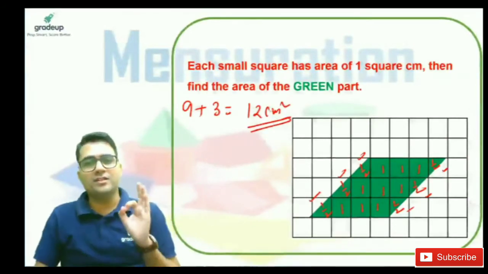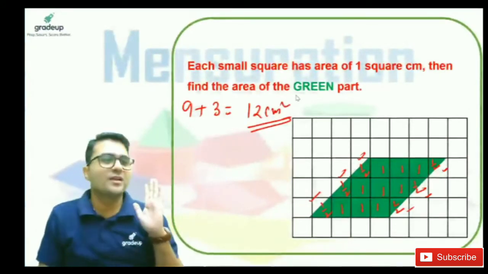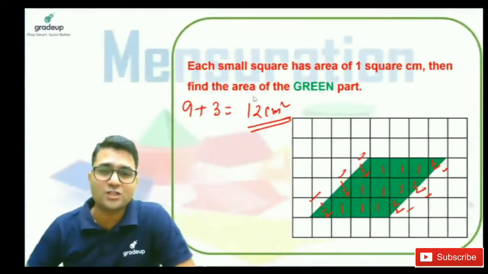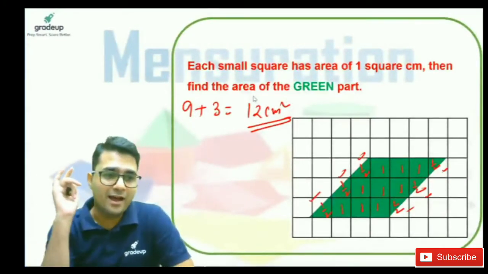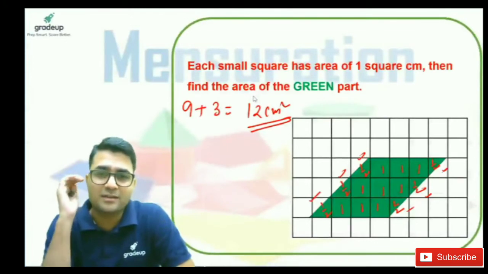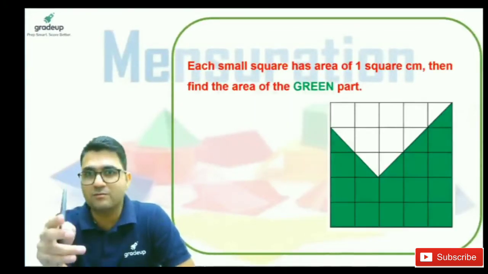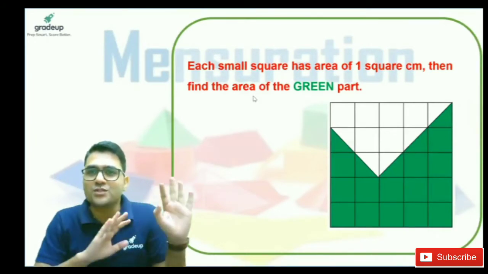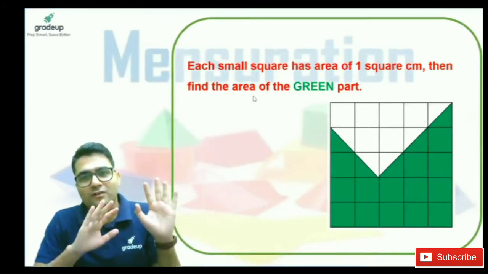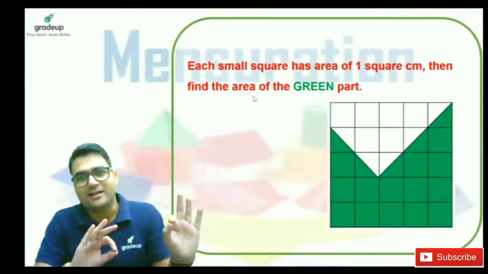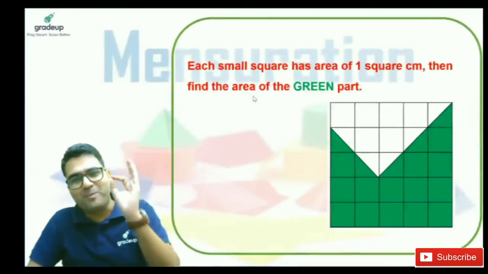I hope this question is understood to all of you. I'm giving you the next question on the similar line, and I expect that you will give the answer to that question. Okay, so here is the question. Each small square has area of 1 square centimeter. Then find the area of the green part.